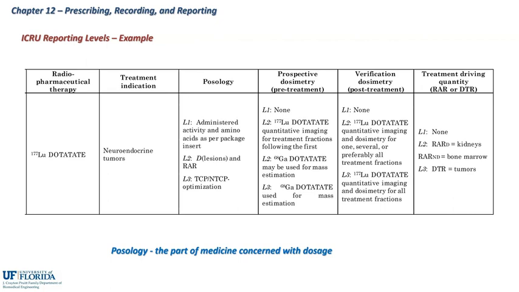And maybe even level 3, you're calculating tumor control probabilities and normal tissue complication probabilities and optimizing them. And then you can see the different levels for prospective dosimetry pre-treatment, verification dosimetry post-treatment, and then what the treatment driving quantities are. So for L1, it's nothing, really. L2, you're looking at trying to avoid kidney toxicity, marrow toxicity. In level 3, you would actually be, like other forms of radiotherapy, trying to deliver a certain tumor dose.